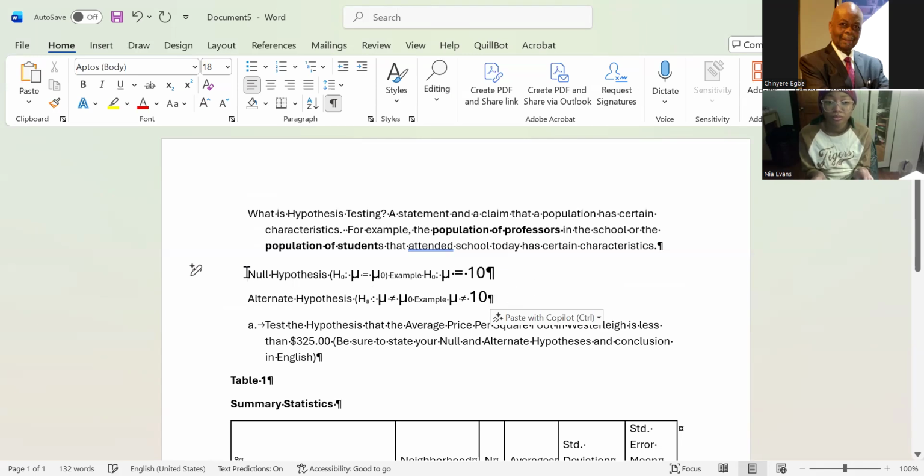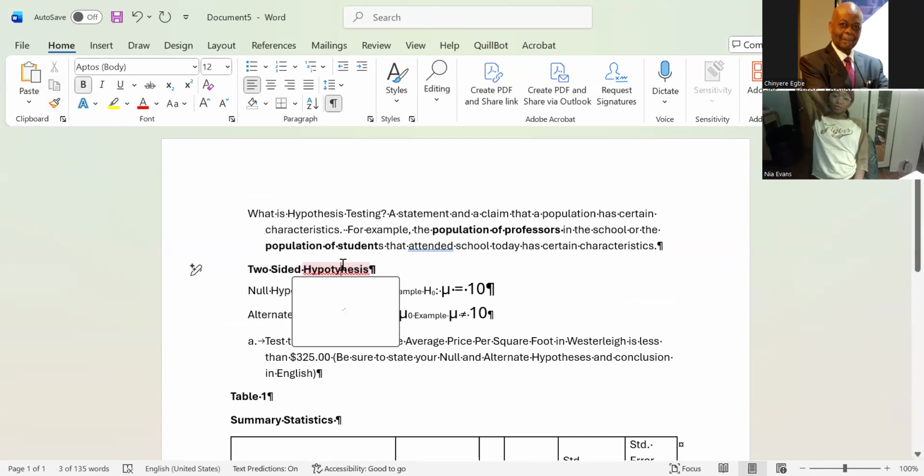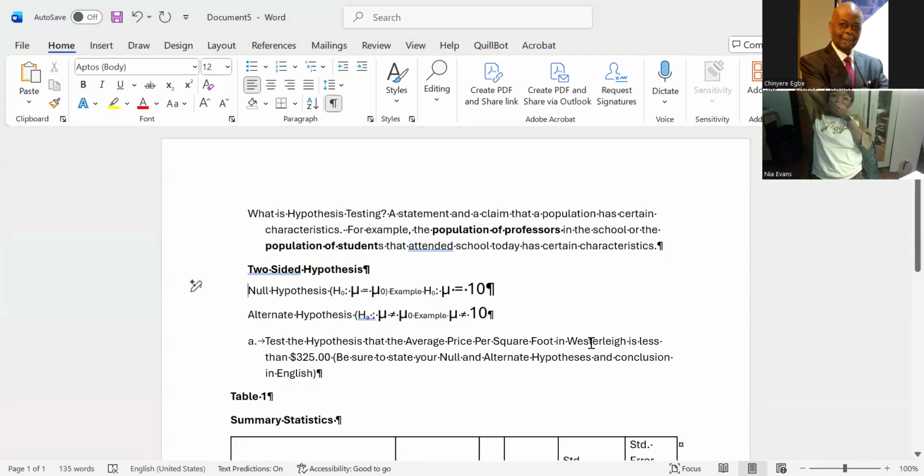This is what we'll call a two-sided hypothesis. It's either 10 or it's not 10. Now, we have what we call the one-sided hypothesis.